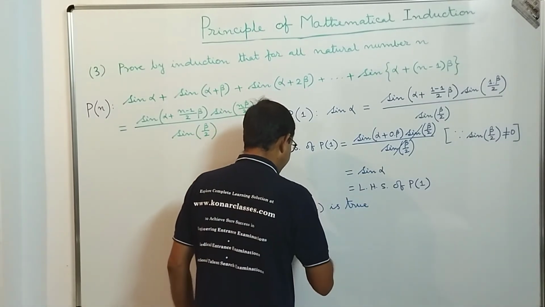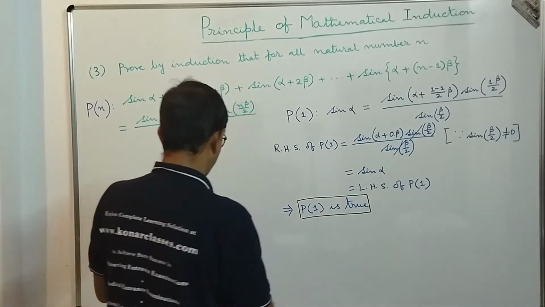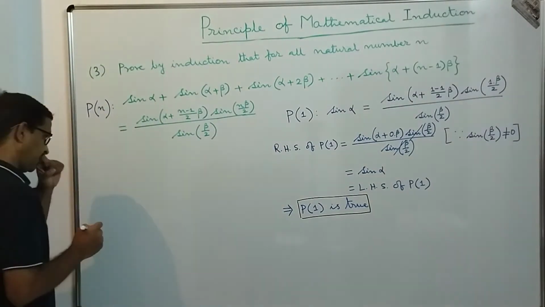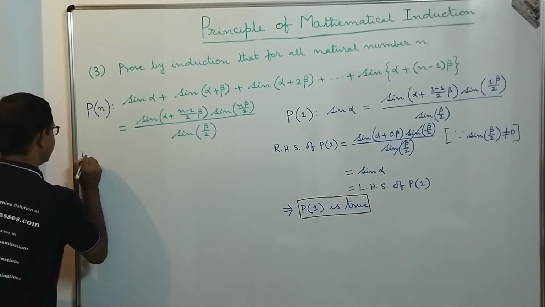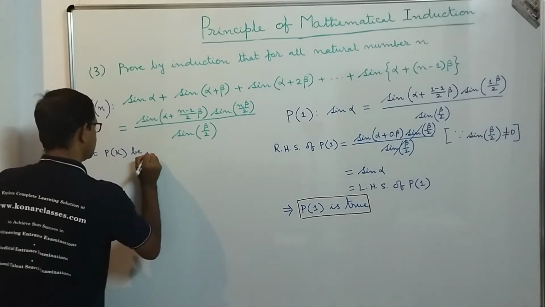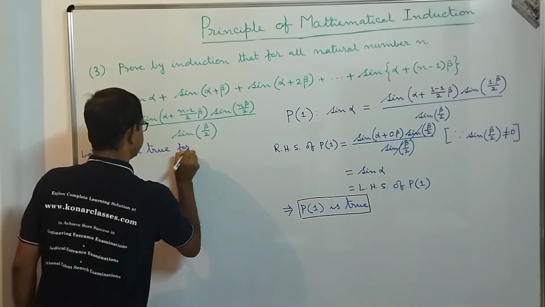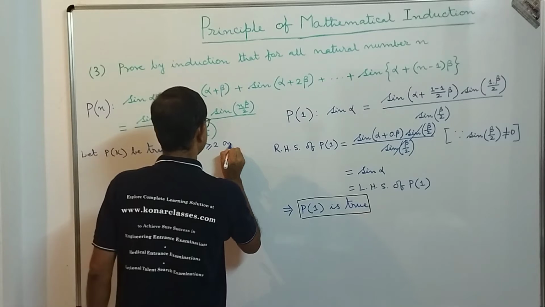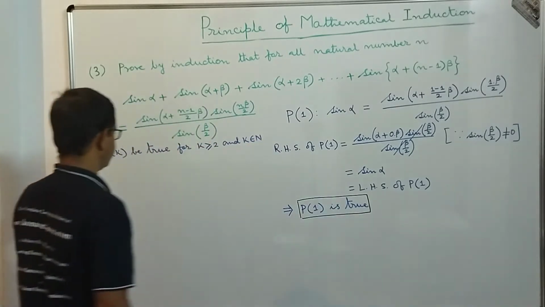Now let us assume that Pk is true, for k greater than or equal to 2 and k belonging to the set of natural numbers.